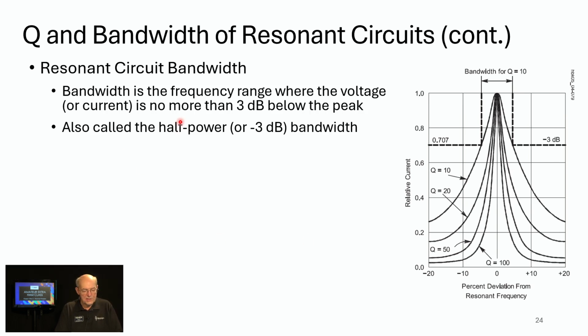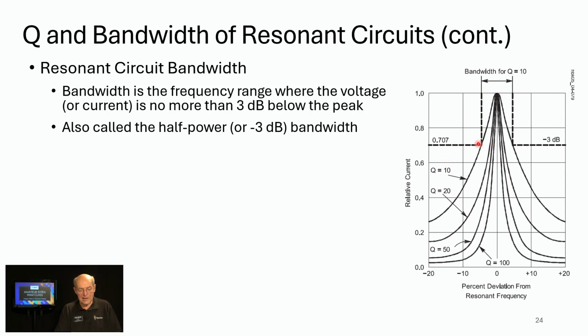Bandwidth is the frequency range where the voltage or current is no more than 3 dB below the peak. It's also known as the half-power bandwidth. So here's the peak, and when we're 3 dB down from that, that's considered the break point where we define bandwidth. 3 dB in terms of voltage, 0.707 is the same thing as 3 dB down.